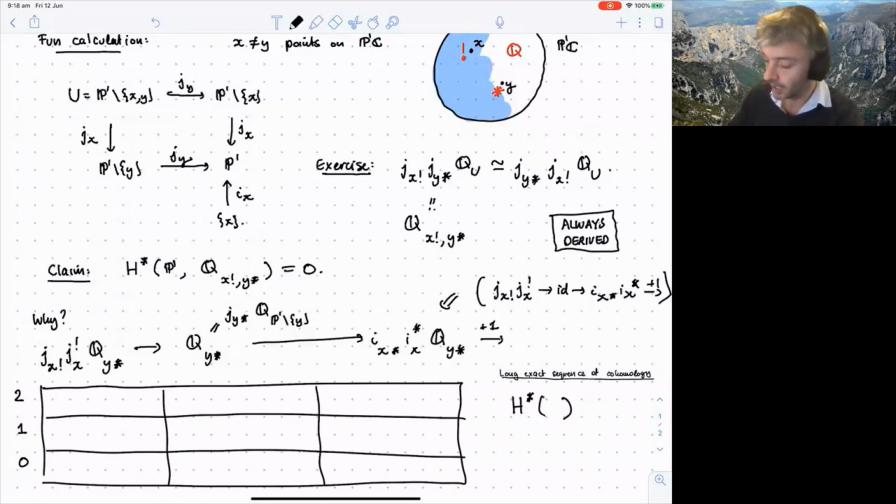So here we just get the cohomology of P1 without Y, so we get Q. So this is just the cohomology of affine space. Here we get the cohomology of a skyscraper sheaf. So note that X is not equal to Y. And so this is simply a skyscraper sheaf in degree 0.